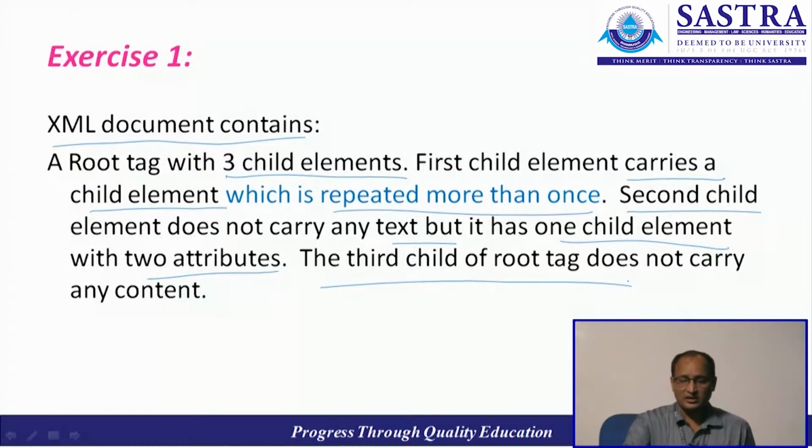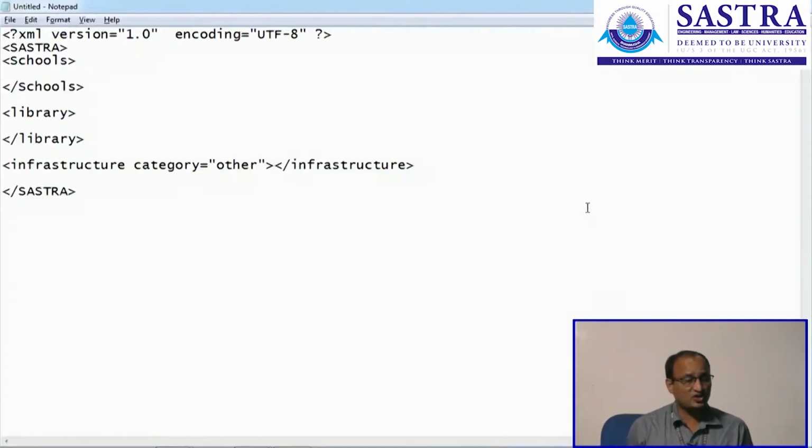Then coming to the first child element, which carries a child element that is repeated more than once. Please make a note of this. The first child, which is having a child, I would like to have schools, in which I have a school with name equal to SOC.